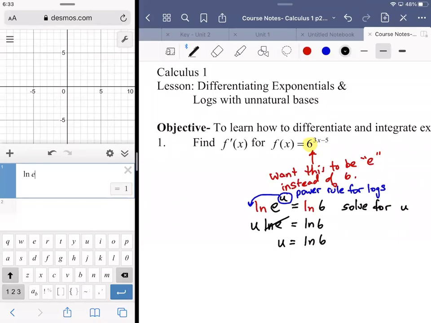All right. So u is equal to ln of 6, because go back to what we started off with here: e to the u was equal to 6. That's what we defined. So now I know that u is ln of 6. So therefore, e to the ln of 6 is equal to 6.